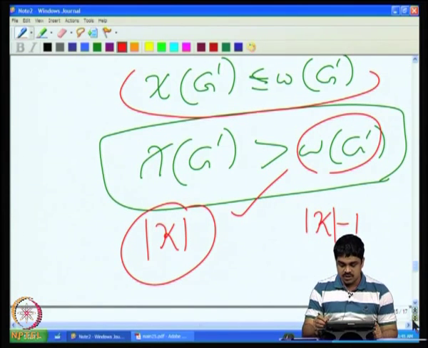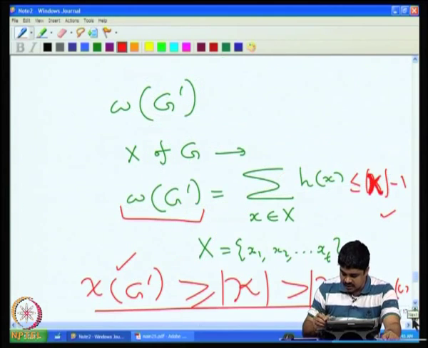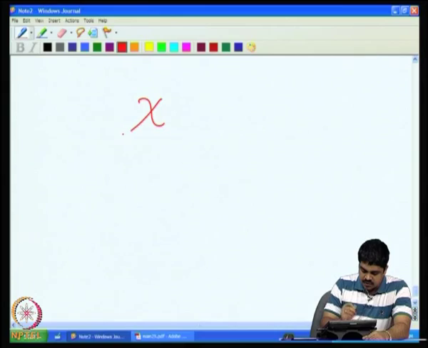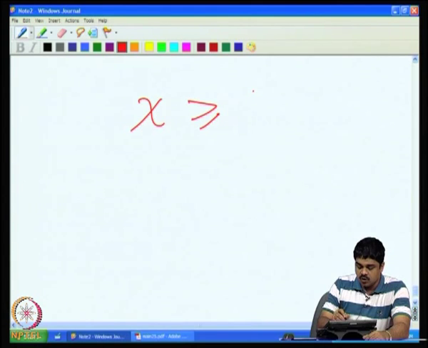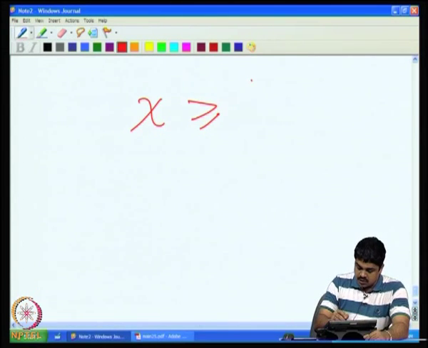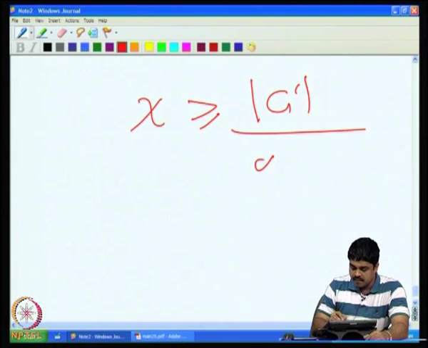So, how do I show that this chromatic number is at least k? To show a lower bound for the chromatic number, what we do is divide the total number of vertices of G dash by the maximum independent set size of G dash.